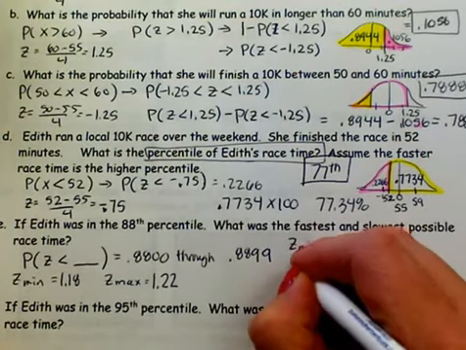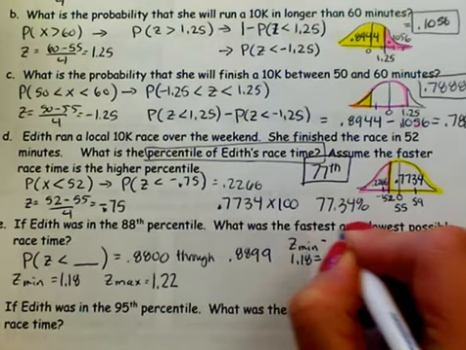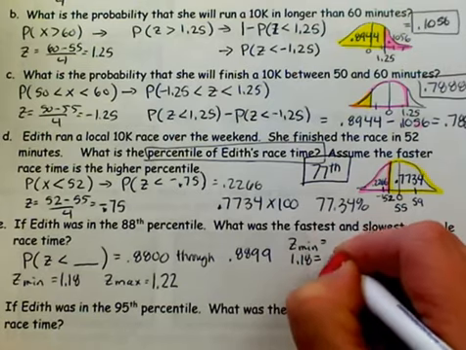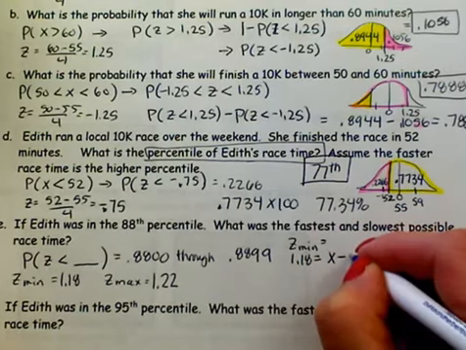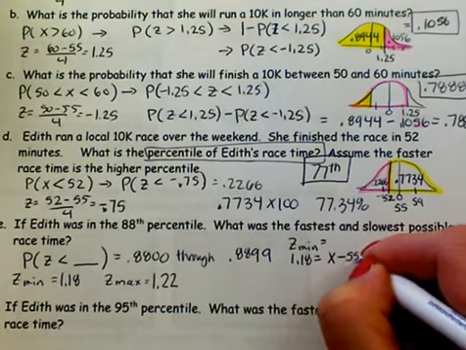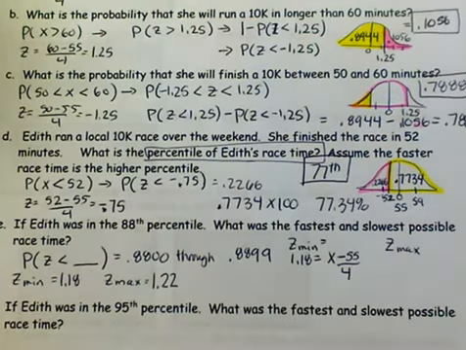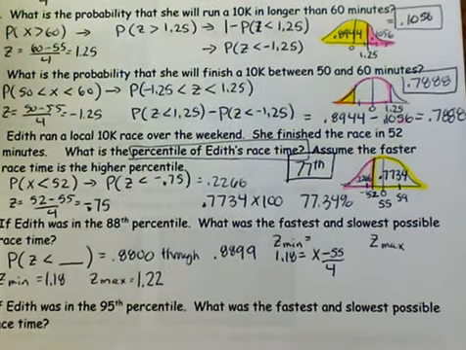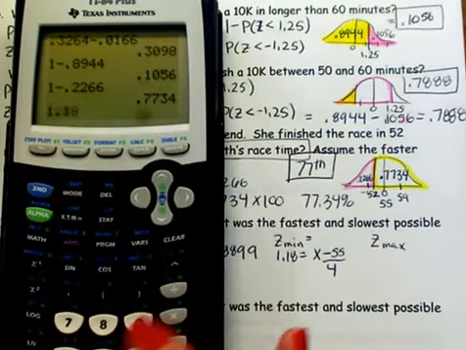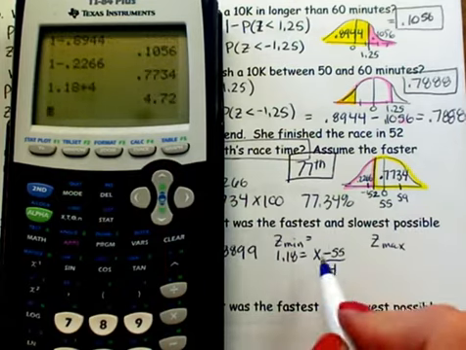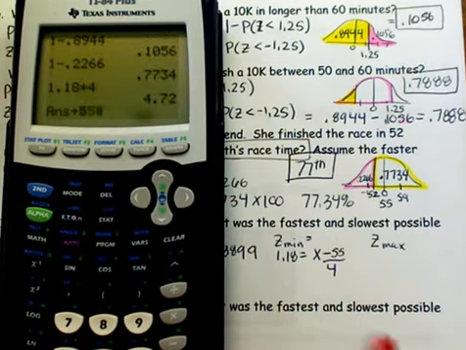Okay, so 1.18. The Z-score formula says data minus the mean over the standard deviation. So let's go ahead and solve for the data number. 1.18 times 4 plus 55.